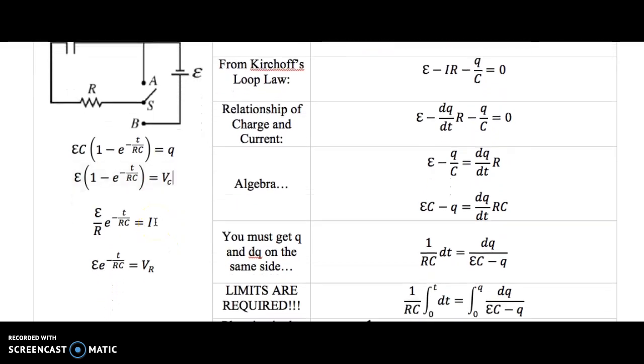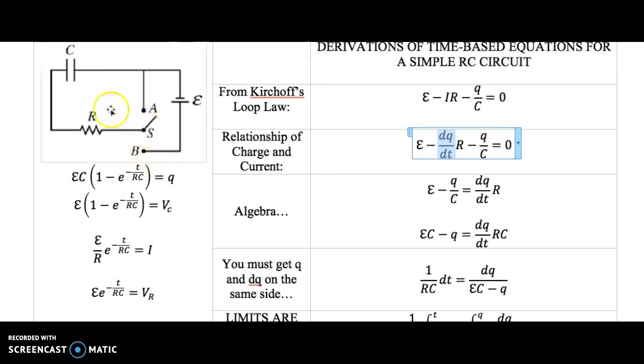Getting the current, we go back to the idea that current is the derivative of charge. If you've got an equation for the charge on the capacitor, take the derivative, and that's going to be the current through the capacitor as a function of time. Since the capacitor and the resistor are in series, they receive the exact same current.